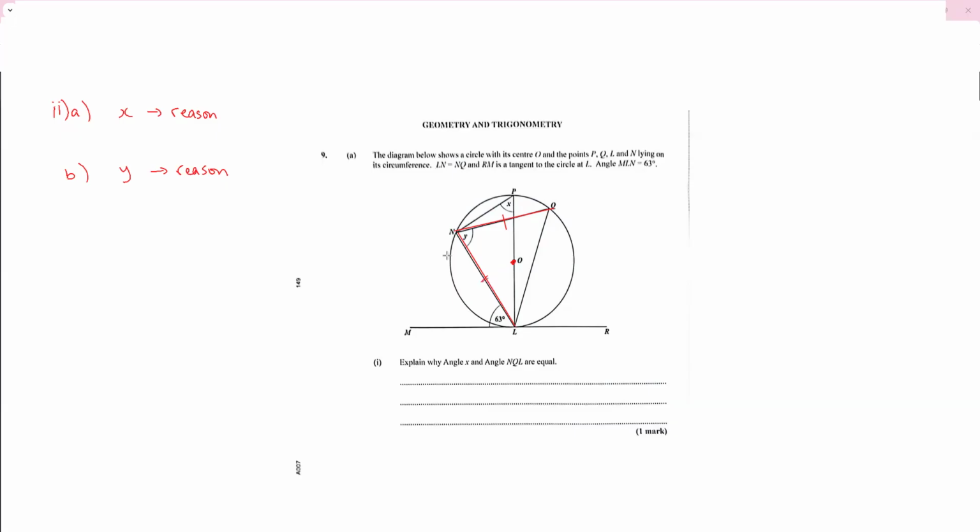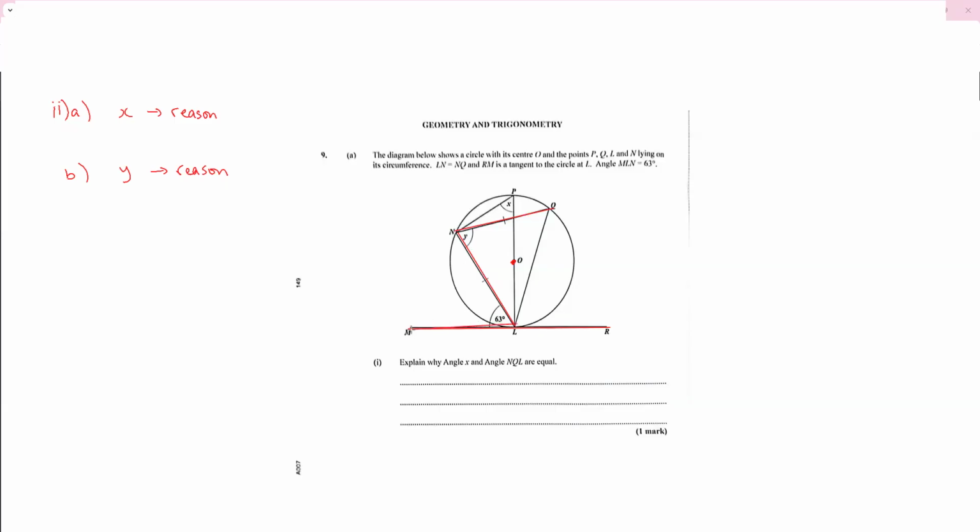So anytime they want to show equal lines, they'll either have a single line on each of them, or they may double line it like this to show that they're the same. Then they said that RM, here's RM, is the tangent to the circle. So remember, a tangent touches your circle only once.